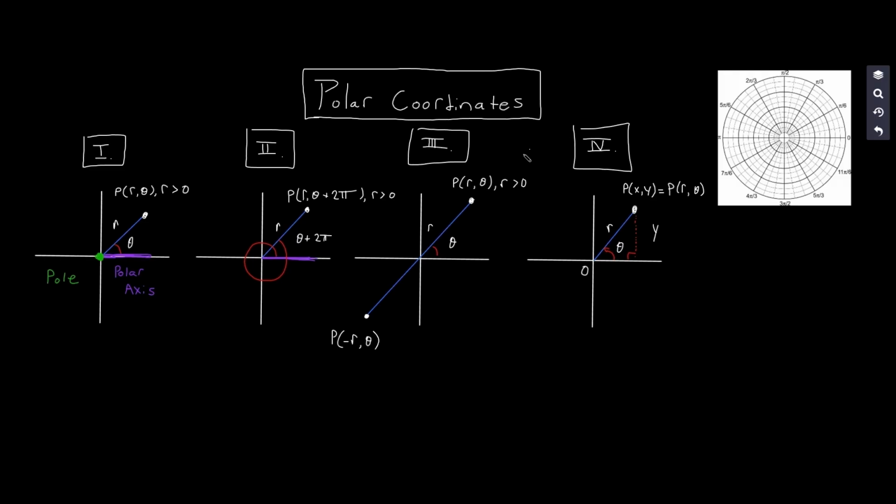Well, for this first one here, we see that the point (r, theta) is such that r is greater than 0. The distance is greater than 0. The line will come out. The origin is our pole, and what would be the x-axis is now the polar axis.